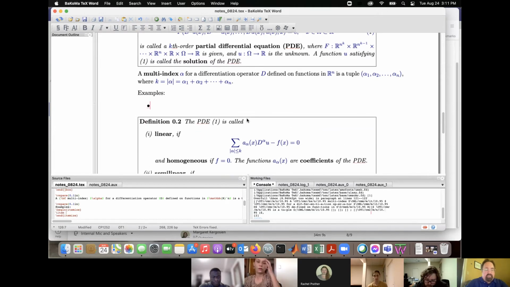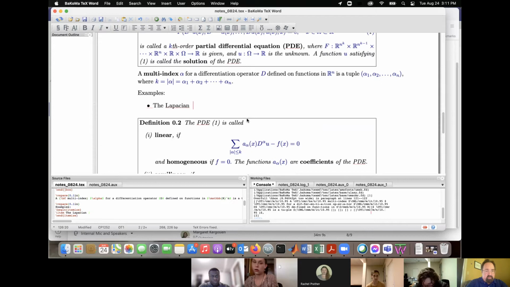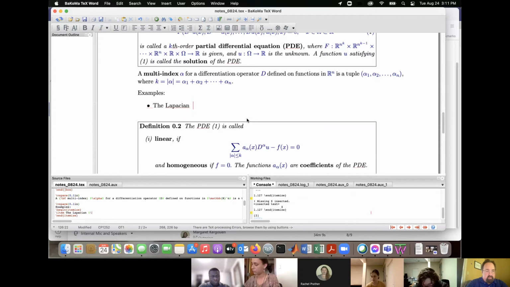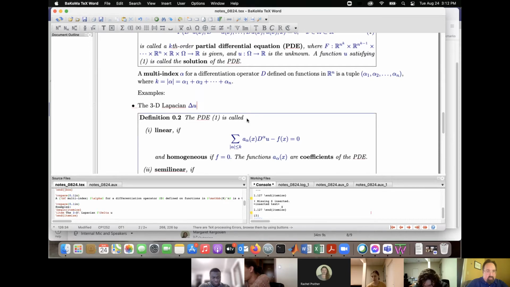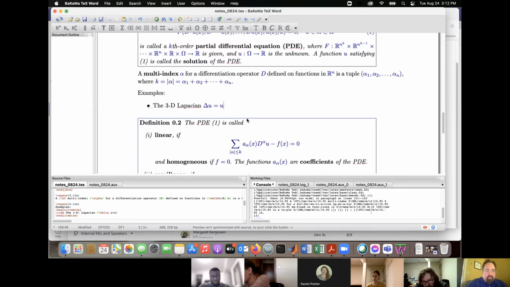One of the best known differential operators, and I'll work with 3D here. In 3 dimensions, the Laplacian would be uxx plus uyy plus uzz.